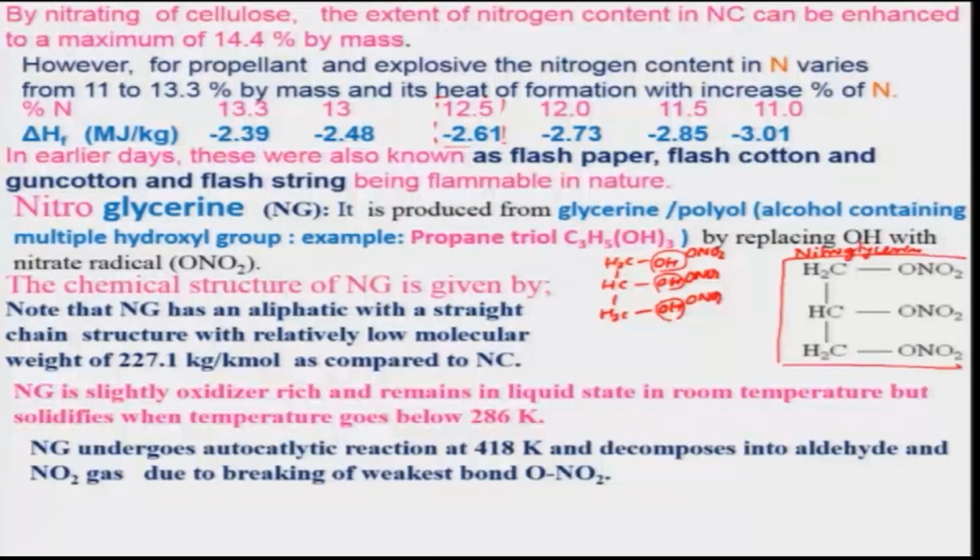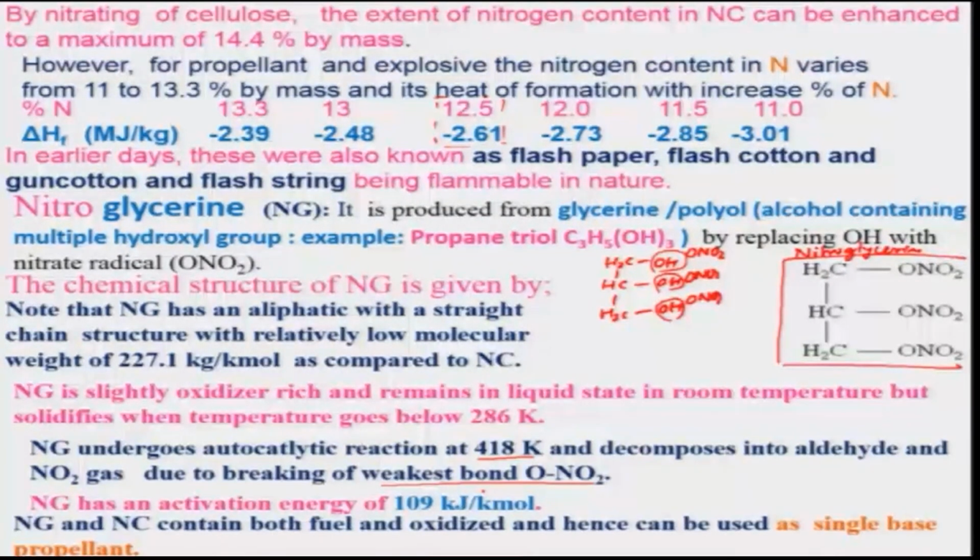Nitroglycerin undergoes an autocatalytic reaction at 418 Kelvin, and it can decompose into aldehyde and NO2 gas very easily due to the breaking of the weakest bond, the O-NO2 bond. This is the weakest bond that gets broken, releasing heat, and that is why nitroglycerin has an activation energy of 109 kilojoules per mole, and as I told, it can be decomposed easily.